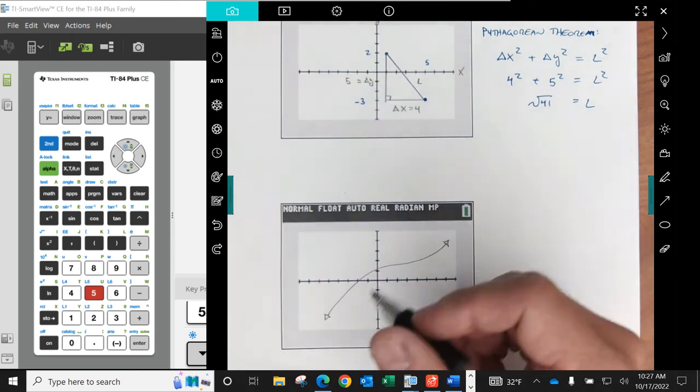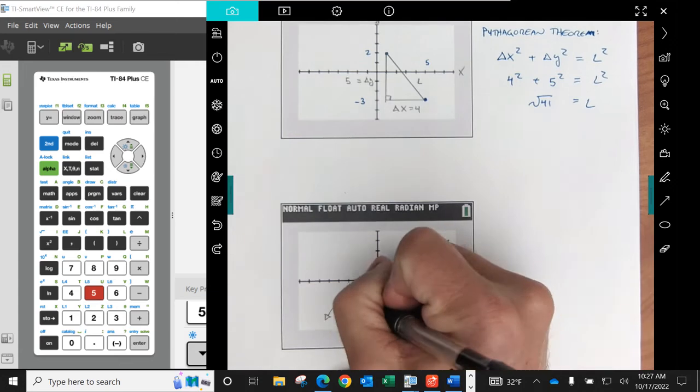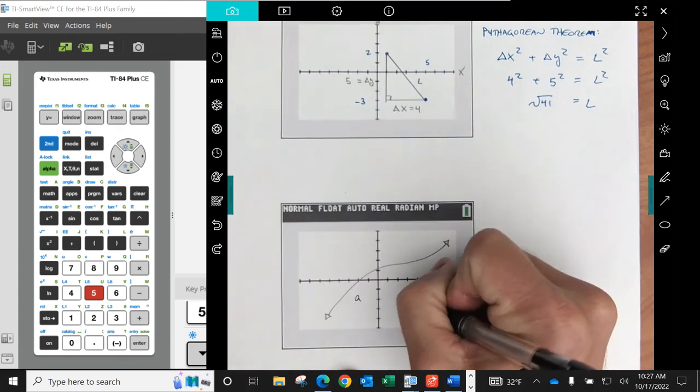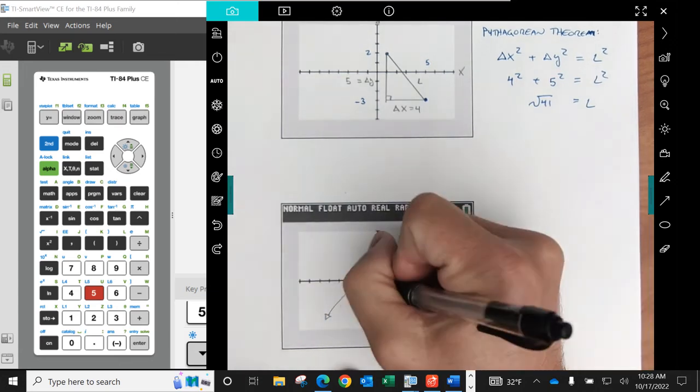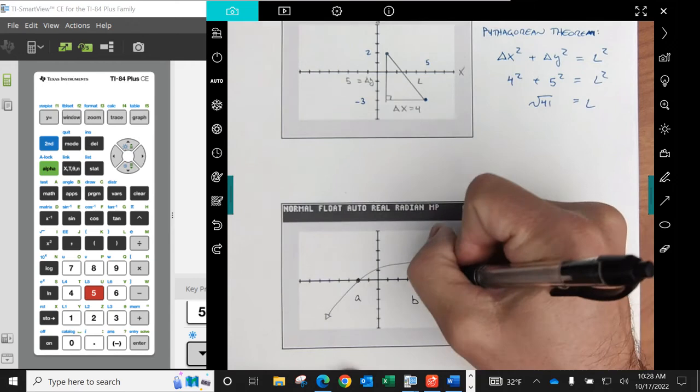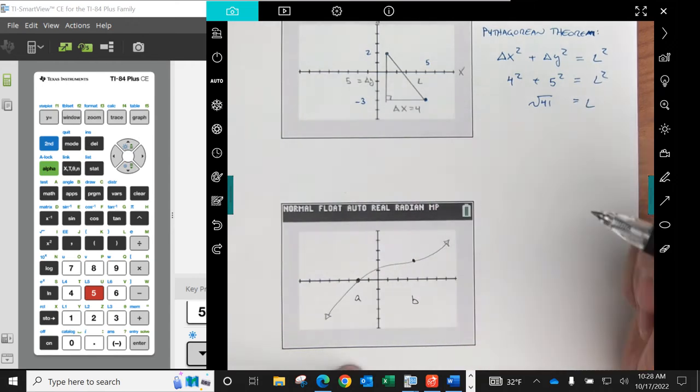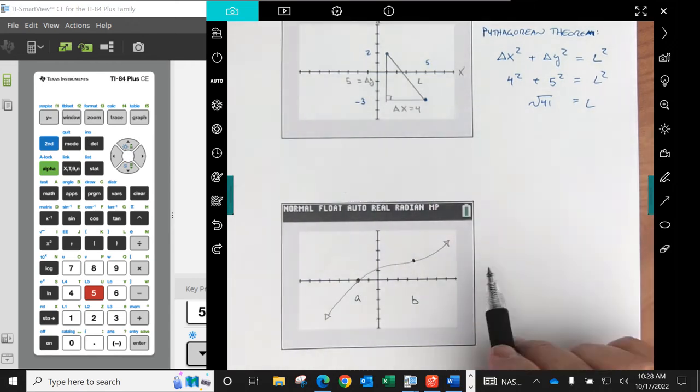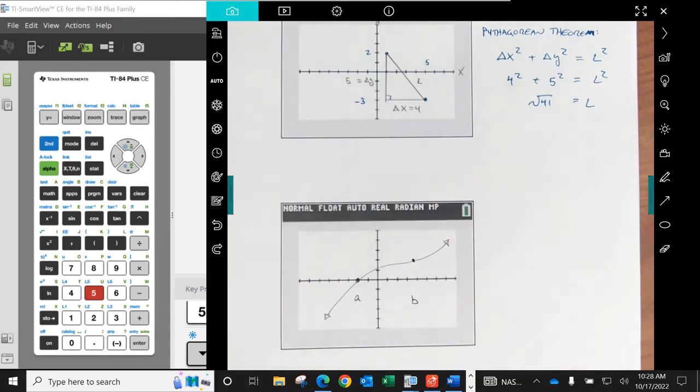Now we might want to find the length of some curve from A to B, wherever that might be. So here's our 2 points, and you can see this is a curve, it's not a straight line, so we don't have our Pythagorean Theorem, although with calculus we do actually.